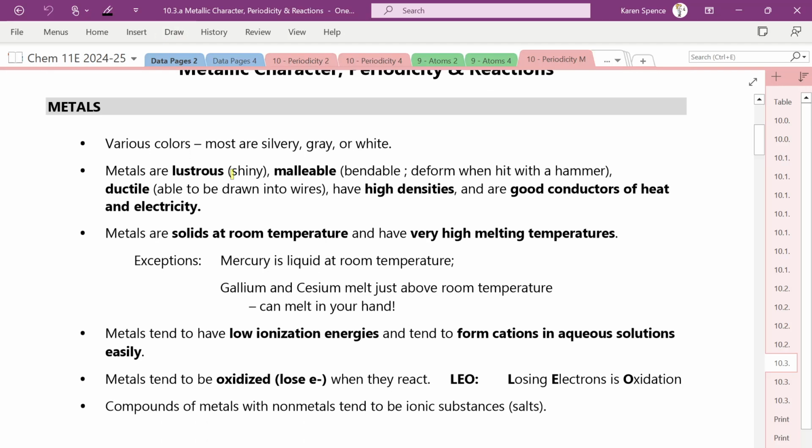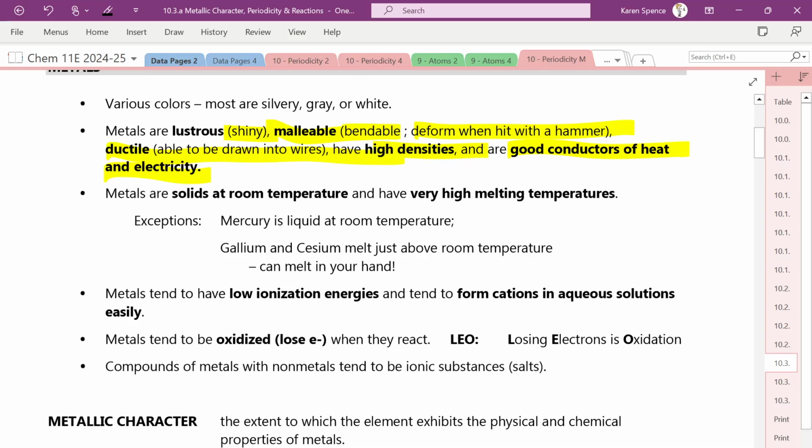You should know that they're shiny, that they're malleable, and they deform when they're hit by a hammer. They're ductile, able to be drawn into wires. They have high density and are good conductors of heat and electricity. Have you not been learning that since like grade 8 or 9? Solids at room temperature, high melting point, low ionization energies.